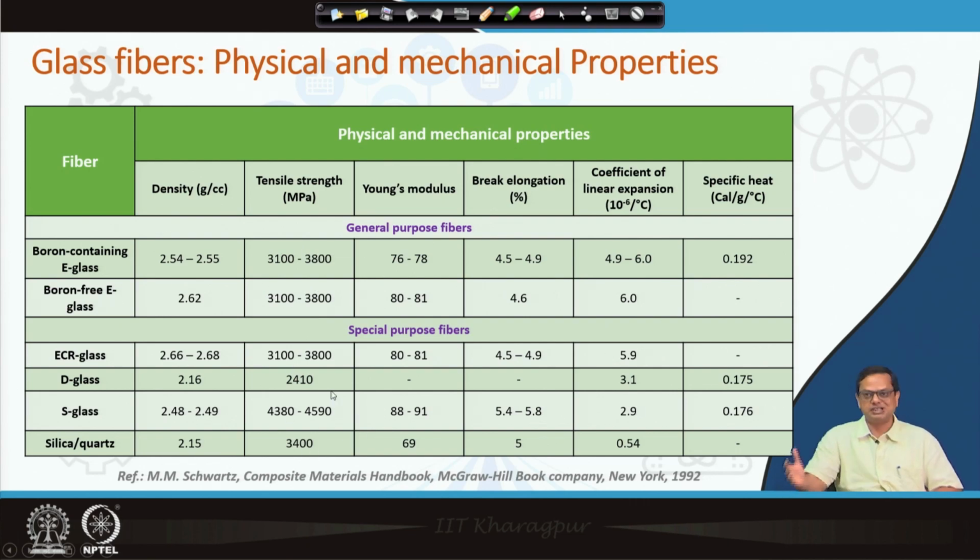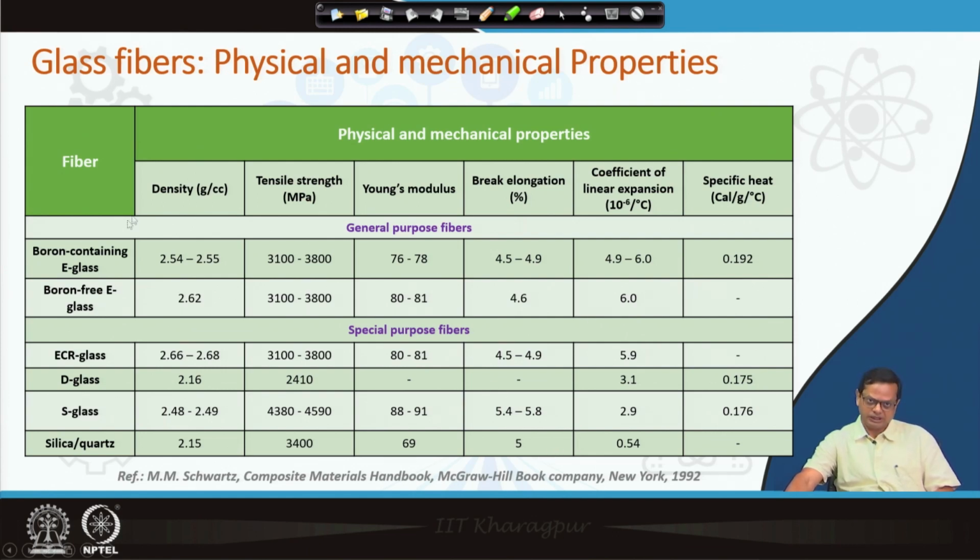So, 3 to 4 GPa. With 2.5, 2.6 gram per cc density, we are getting a fairly high strength of 3 to 4 GPa, which is obviously better than any metallic material. Modulus is not on the higher side, as you can see, and the elongation is fairly okay in terms of fibers.